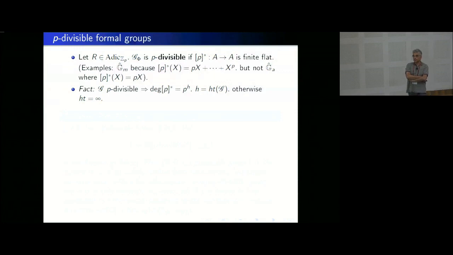Okay, so if you are in dimension 1 and you look at G_m, this is p-divisible, because multiplication by p is (1 plus x) to the p minus 1, which is px plus ... plus x to the p, which is evidently finite flat: 1, x, up to x to the p minus 1 is a basis over the image of A under this. But G_a is not, because multiplication by p is p times x, and that's not a finite flat morphism.